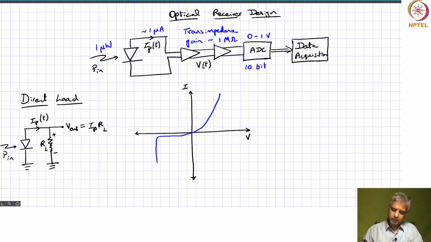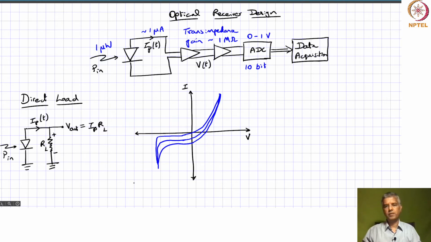If there is light incident on it, then what we will find is that correspondingly there will be a change in the photocurrent, basically the reverse current that you're getting off the photodiode, and so you would have an increase like this, and then like this, and so on, right?